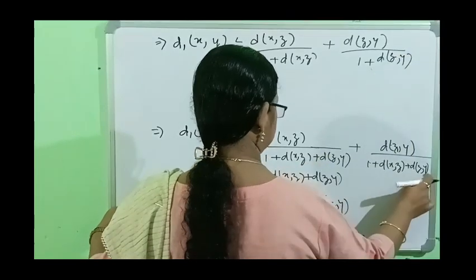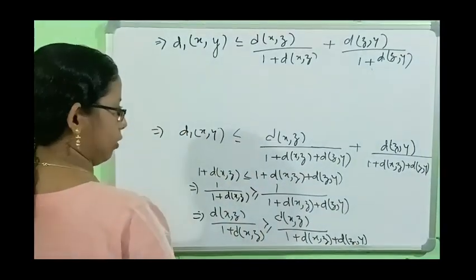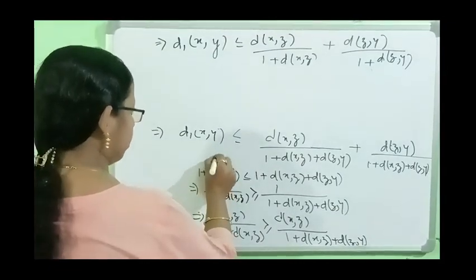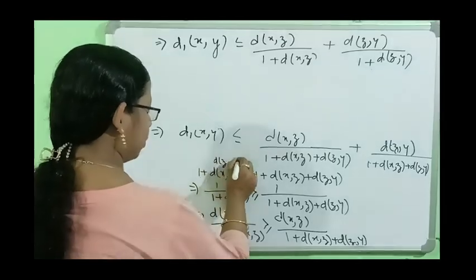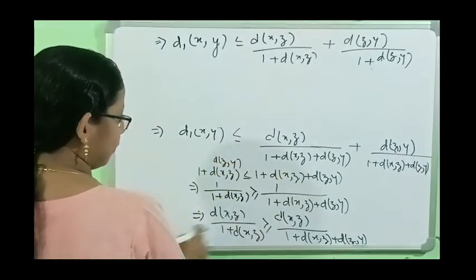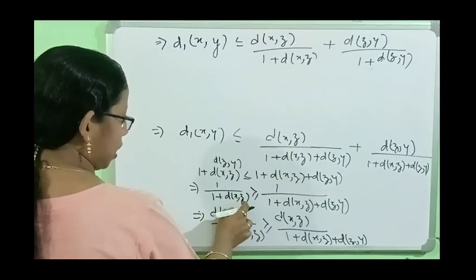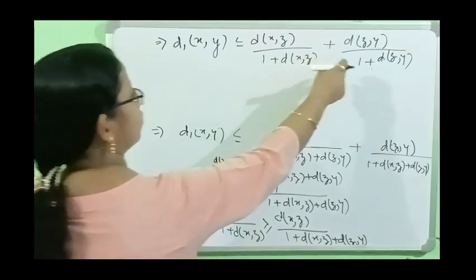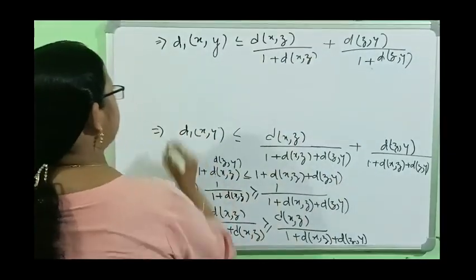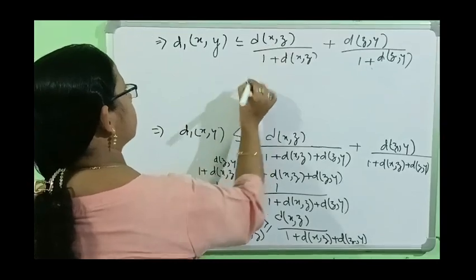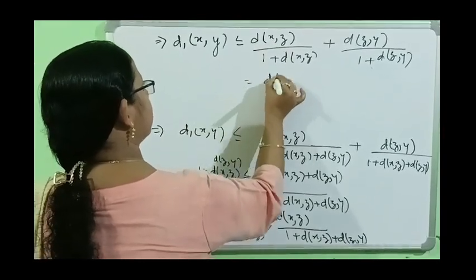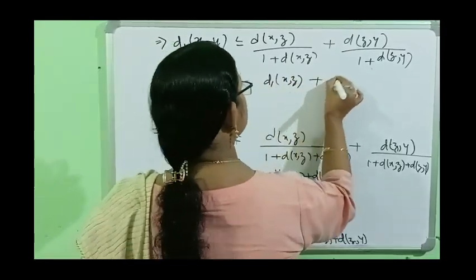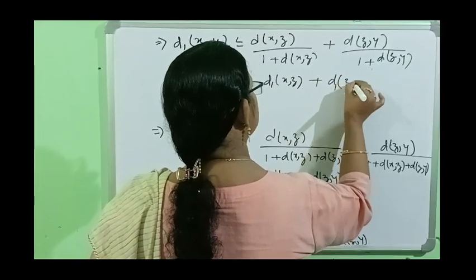In the next step I will take this one. Here you should replace by zy everywhere. Here it is zy, here it is zy, here it is zy, here it is zy. Then you will get the second one. And we know our function this is equal to d1(x,z) plus d1(z,y).